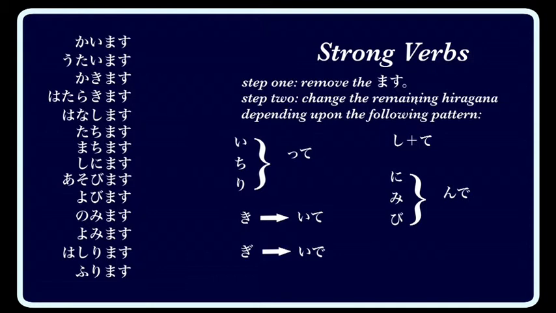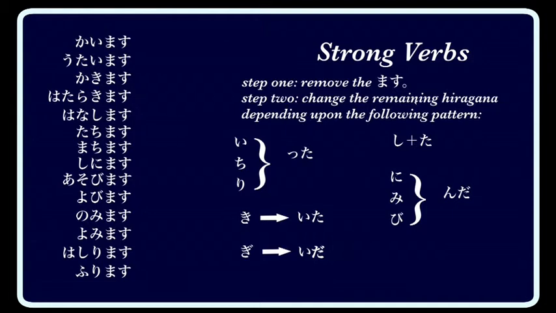Once we've reminded ourselves and reviewed how to change these verbs into the te form, all we have to do is change that te to ta, or in the case of de, to da. So i, chi, and ri changes from a little tsu te to a little tsu ta. Ki, instead of ite, goes to ita.